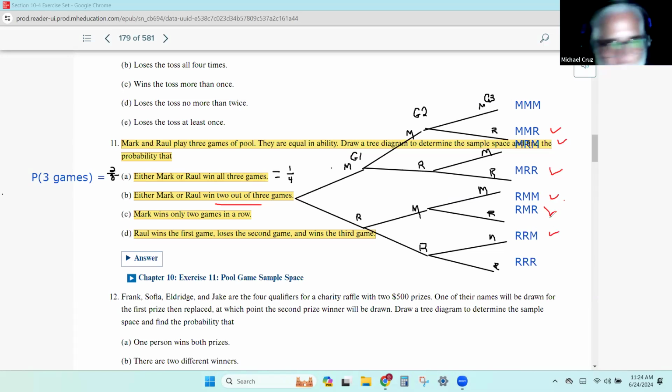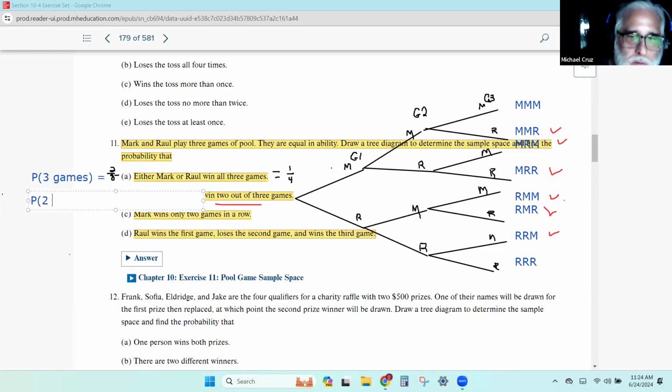It's really just all of the other games, because if you got an odd number of games, somebody's going to have 2 and somebody's going to have 1. So then 2 games is equal to 6 over 8.